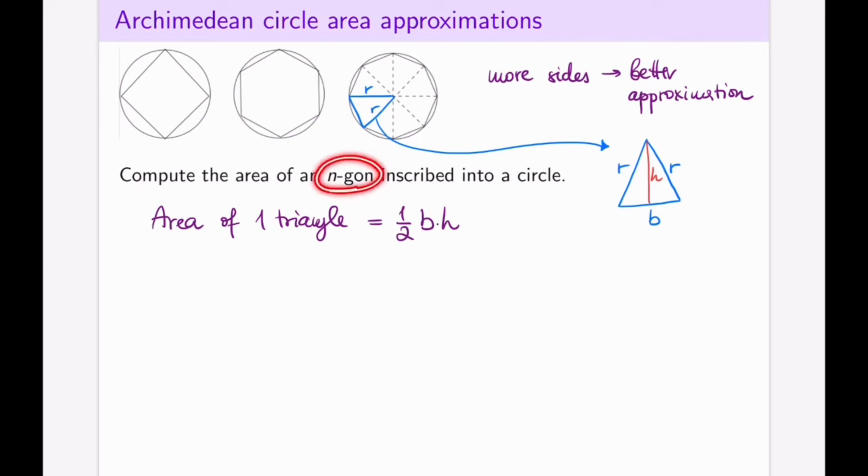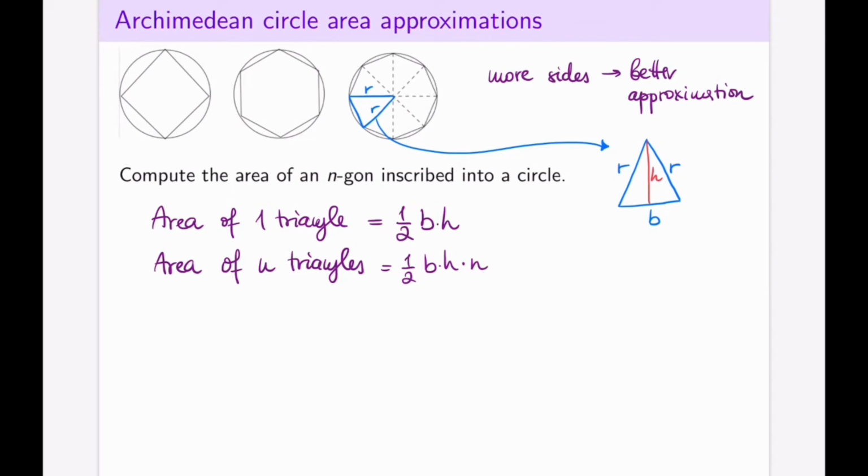We are going to create a notation and call that n. An n-gon is a polygon with n sides. So n stands for the number of sides here. So if the area of one triangle can be found, then the area of n triangles is of course going to be exactly that same number, but now n times.